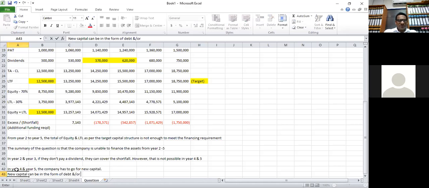Debt and/or equity, so it can be mixed also. Because now, what you understand is preference shares can also be categorized as debt, okay? Preference shares, although we call them shares, are kind of hybrid. They have the characteristics of ordinary shares as well as debt. So technically speaking, they are debt. Preference shares we normally consider as another type of debt. Or new capital can be in the form of either debt or equity, or debt and/or equity.